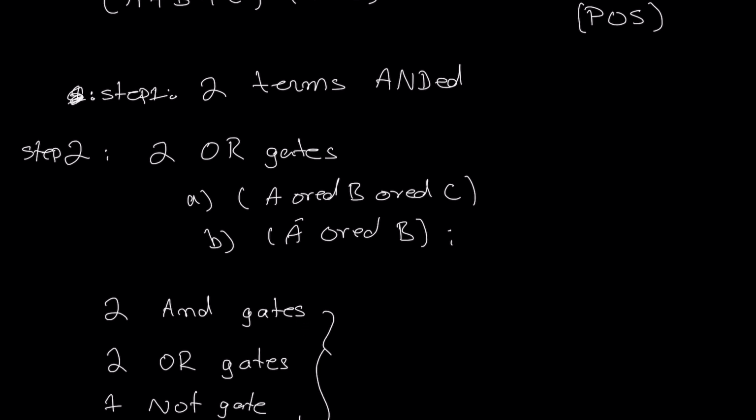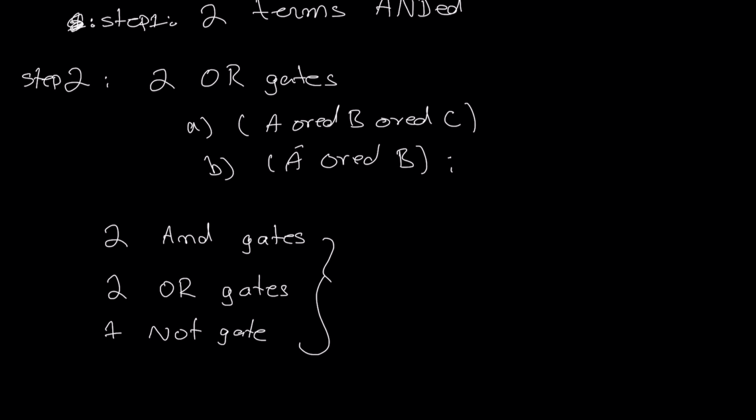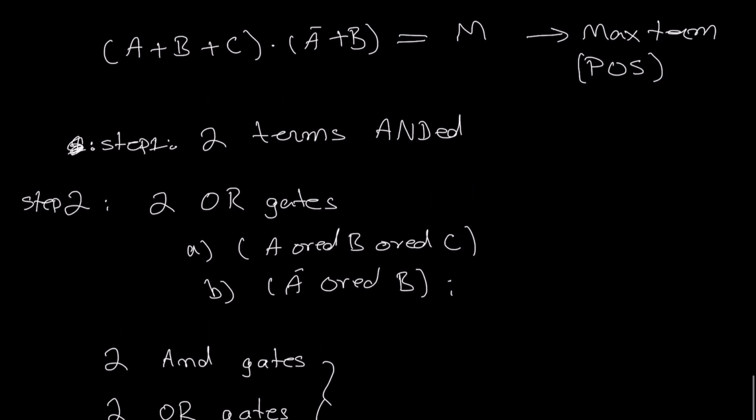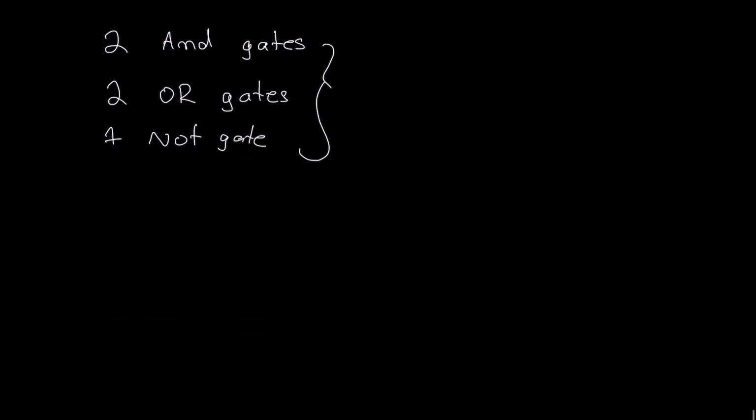Keep these things in mind so we can draw the logic circuit. We will do it simply: because our end product is an AND gate, we will make an AND gate in the end right here.